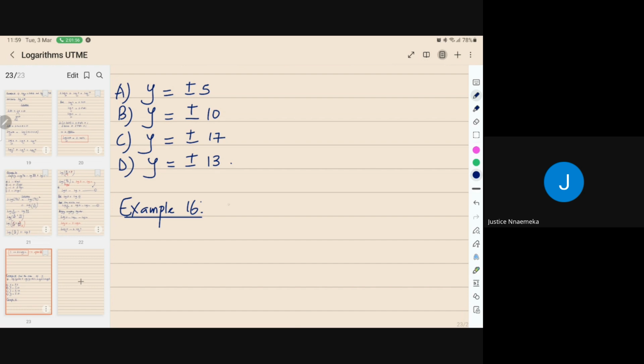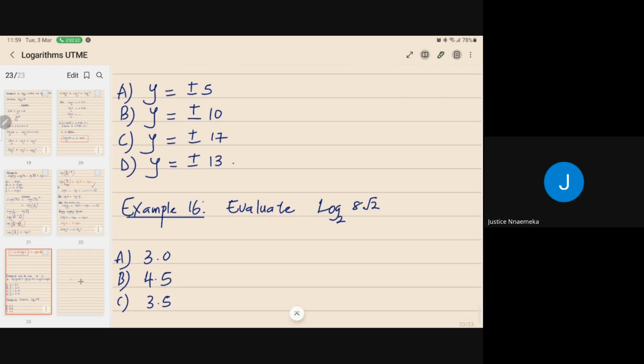This one says evaluate. This is JAMB 2022. Evaluate log base 2 of 8 root 2. Option A, you have 3.0. Option B, you have 4.5. Option C, you have 3.5.